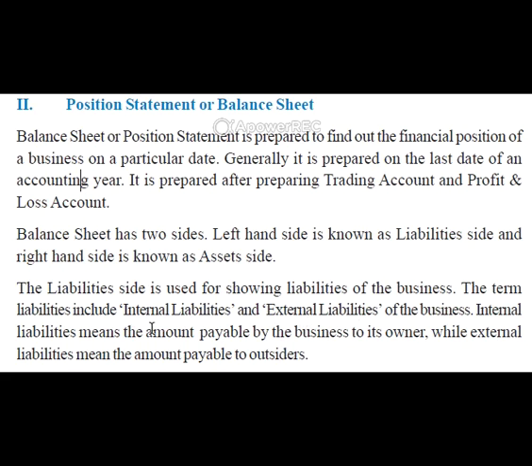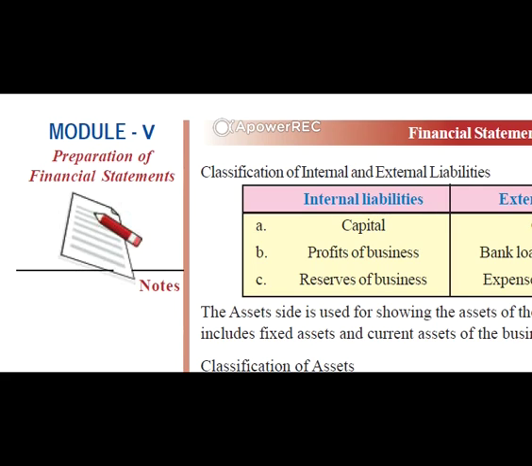Internal liabilities are the amounts payable by the business to its owner, and external liabilities are the amounts payable by the business to outsiders. That means the payable amount he will show on the liability side.